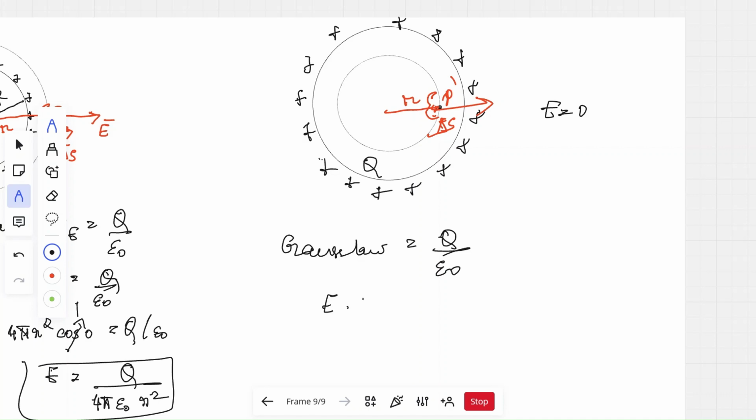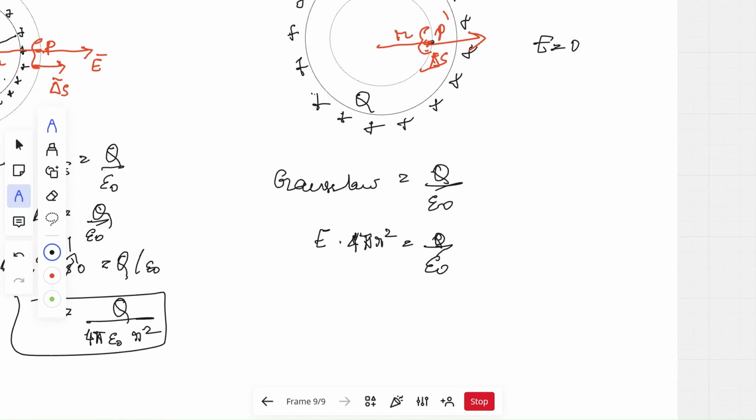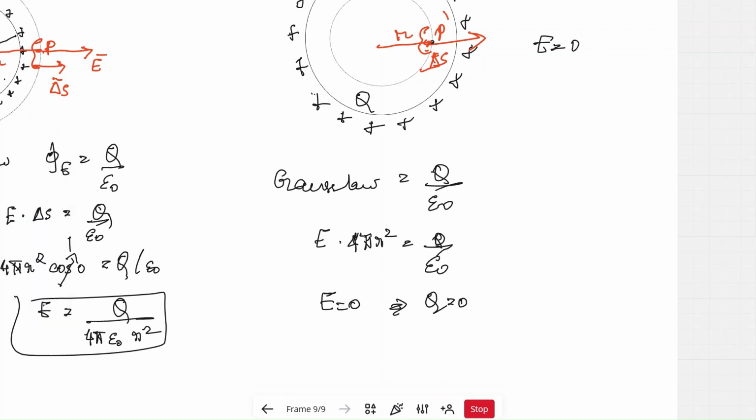So E dot del S can be written as E into 4 pi r square equals Q by epsilon naught. Since E is 0, the charge inside the sphere is 0. Therefore, the total electric field is 0. The same result is applicable to a charged solid conducting sphere.